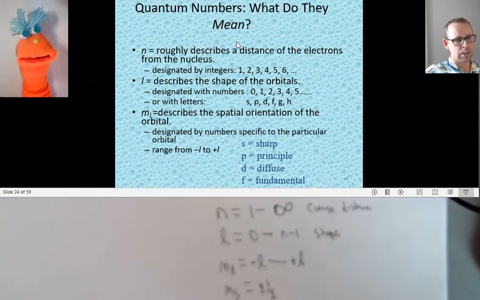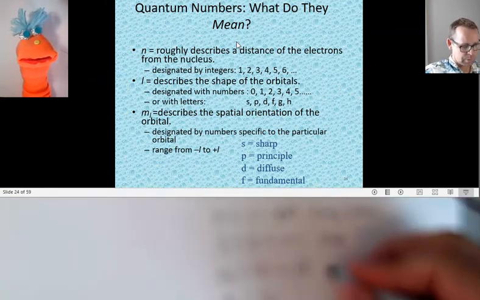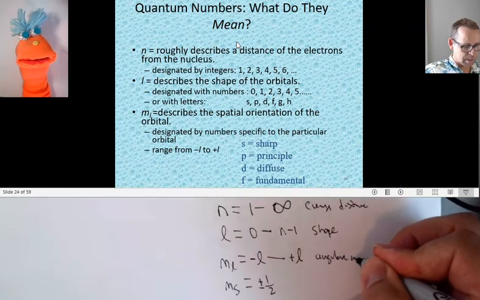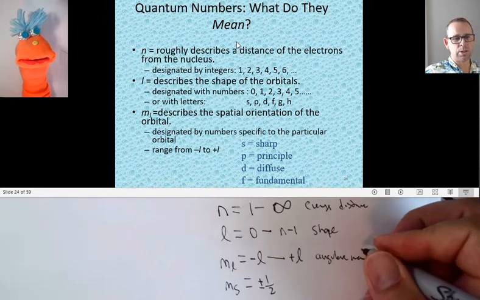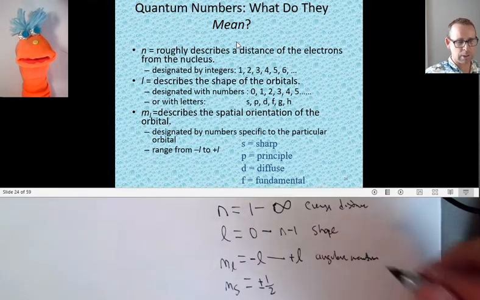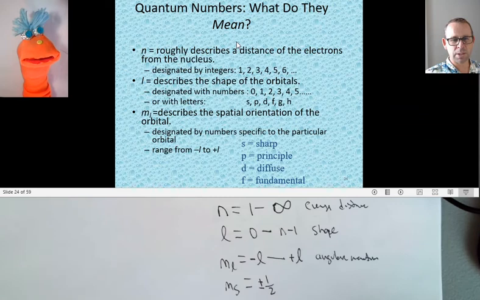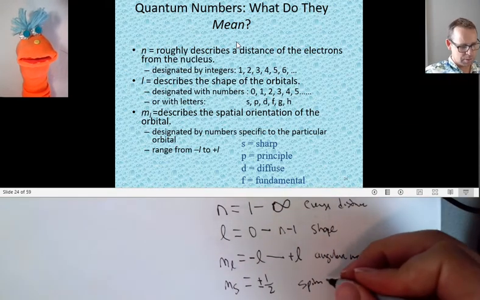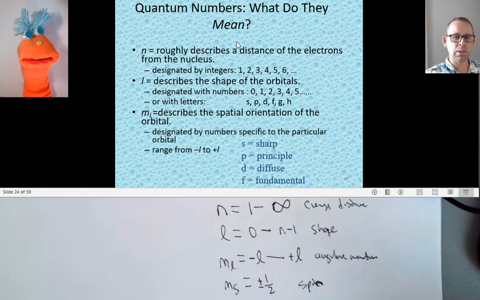M sub L is the position or the angular momentum, the angular positioning of the orbital itself, and m sub s is the spin. Atoms have a property called spin, where they kind of respond to a magnetic field the way magnets do, and kind of the way a magnetic top would. So we call it spin.